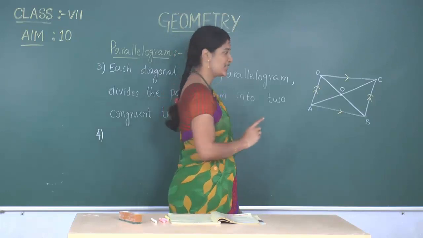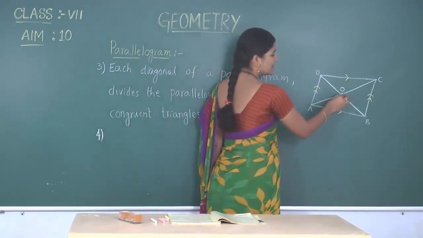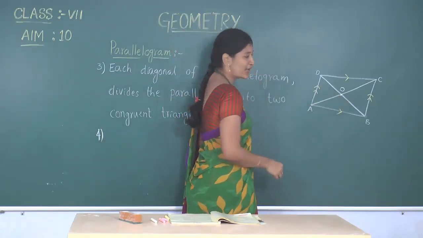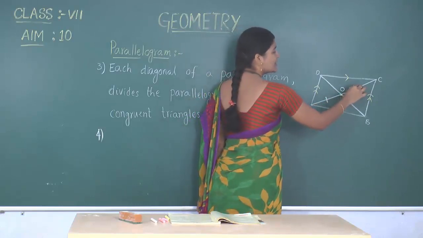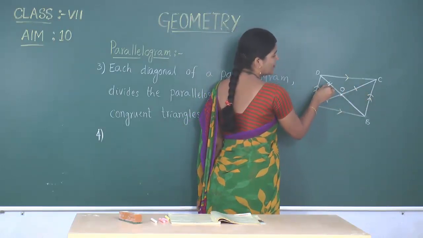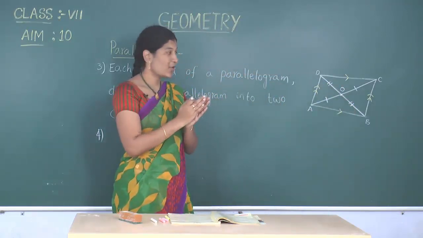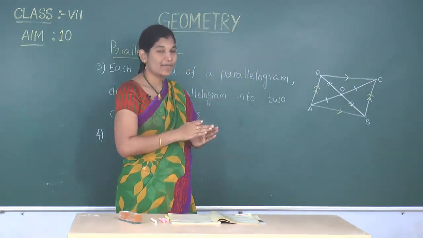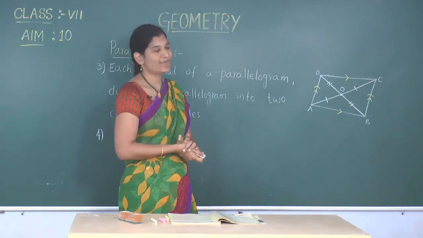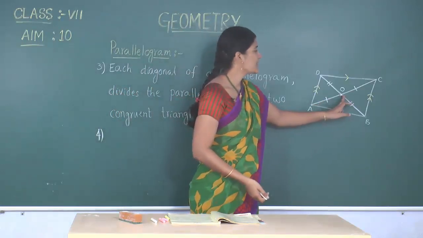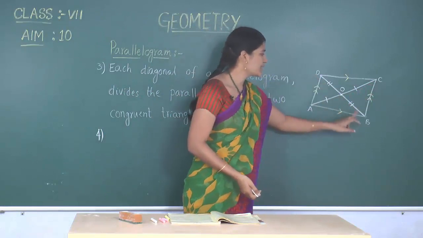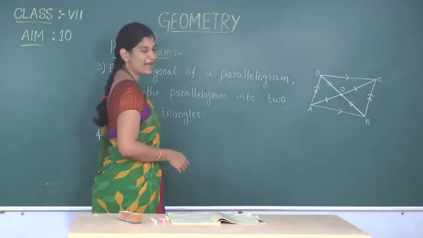Observe here, this is the intersecting point. See here, OA is equal to OC and OD is equal to OB. Bisect means that at that point they are dividing themselves into equal parts. This is the meaning of bisector.